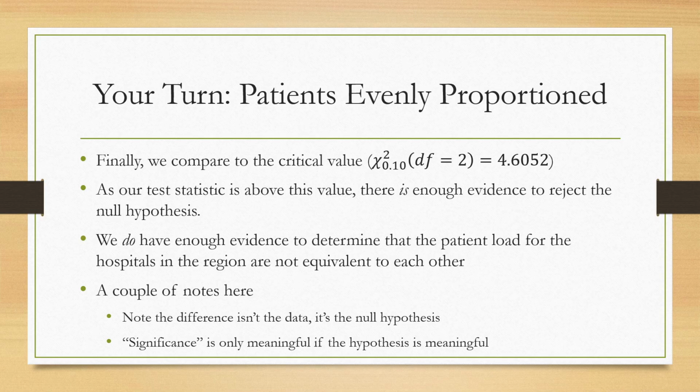This test is telling a story about patient load being evenly distributed. And we did find that that default belief isn't very compatible with the data. And because of this, we believe that the population of patients going to these hospitals is not evenly distributed based on the evidence from this inferential statistic.